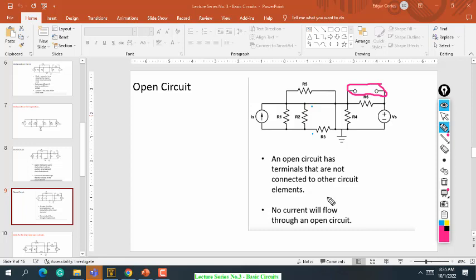So no current flows in an open circuit because it is cut. Okay? Can you consider your switch at home as an open or closed circuit? Sometimes open, sometimes closed, no? When we switch off, that is an open circuit. When we switch on, that is a closed circuit, no? The switch at home, your light switch. Okay, no?